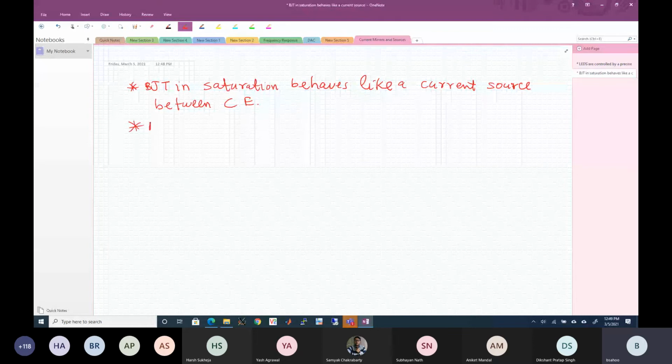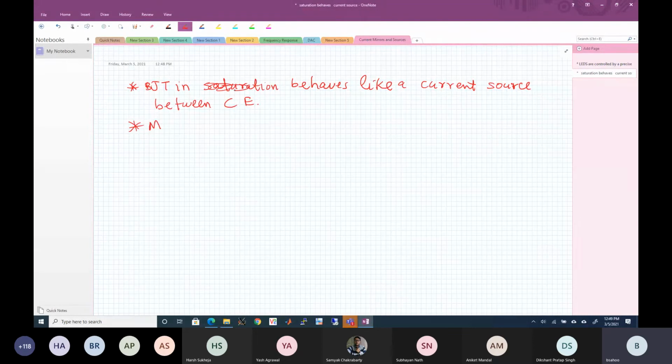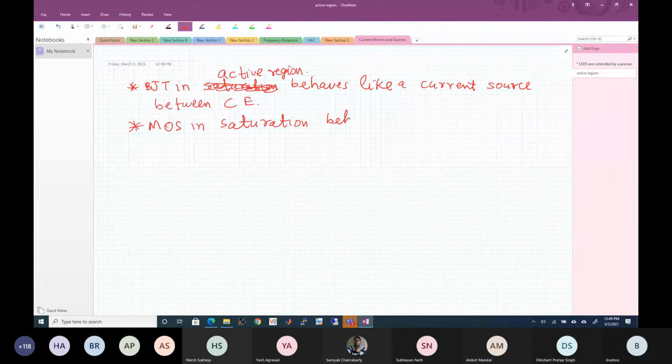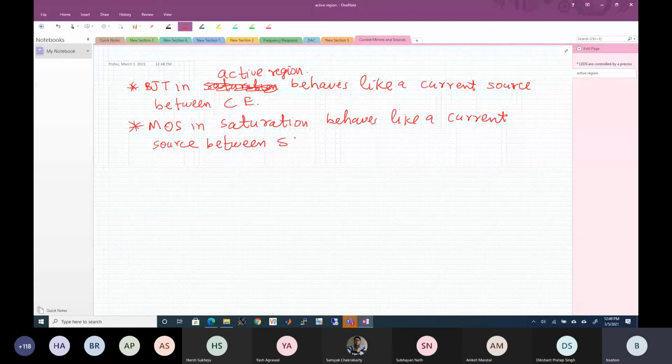A MOS in active region, sorry, somebody should have pointed that out, a MOS in saturation behaves like a current source between source and drain.